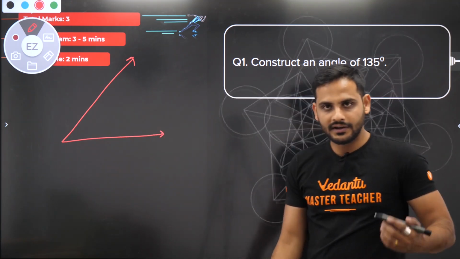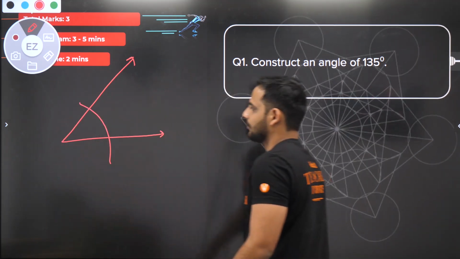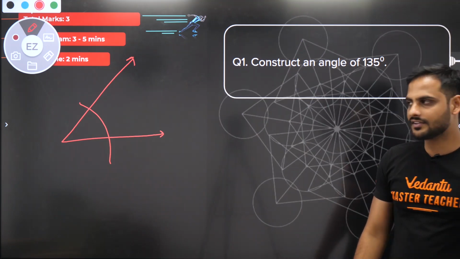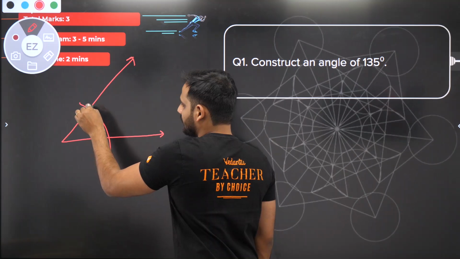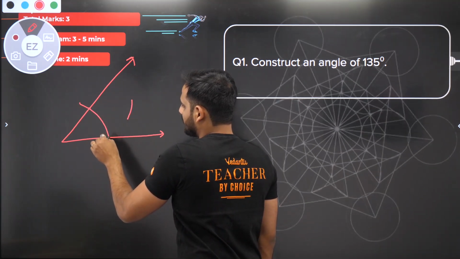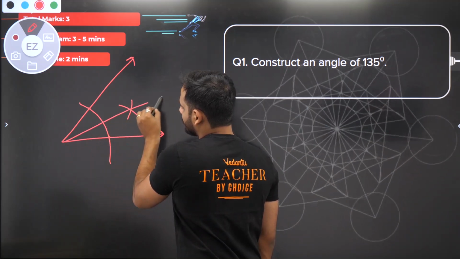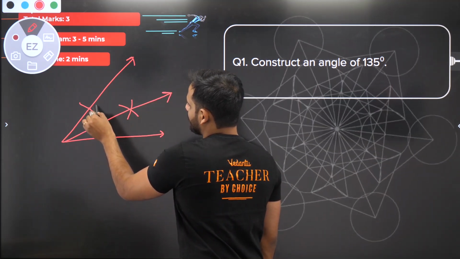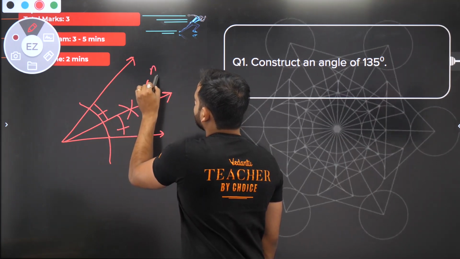So what do you do? Take your compass and make one cut on this angle. Now wherever this cut has been made, keeping the compass length same, keep the tip of the compass here and make one cut here, and keep the tip of the compass here, make one cut here, and join the vertex with this point. So you can say this is dividing it into 2 equal angles. So this is your angle bisector.